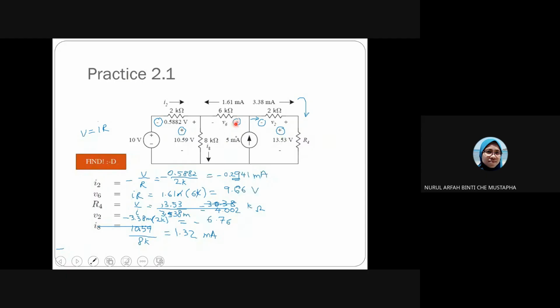So you're having a plus here, and current equal to 1.61, right? So you can cancel it. R4 is here. So what is R4?